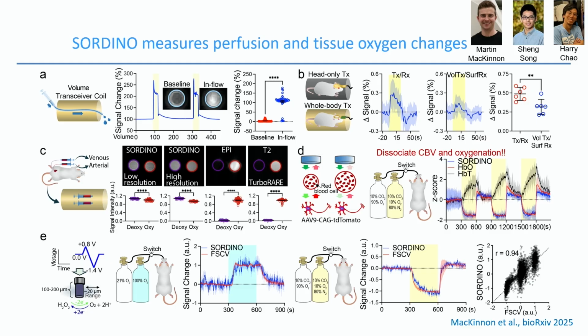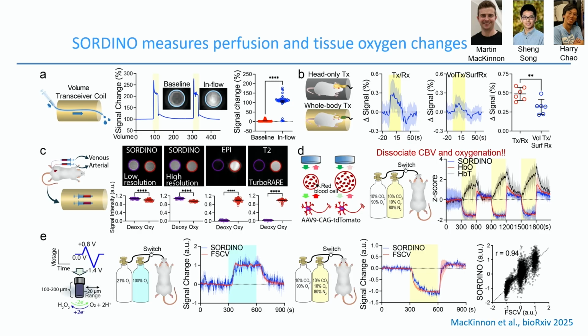We can see that we can dissociate the CBV, increasing the blood volume while decreasing the oxygenation, and the SORDINO signal follows the oxygen changes quite well. In a separate experiment using a different ground truth, oxygen electrode measurement, the SORDINO signal also follows the FSCV-derived tissue oxygen changes quite well, in both this case and also the hypoxic challenge. So this suggests that the contrast also has a strong tissue oxygen origin.